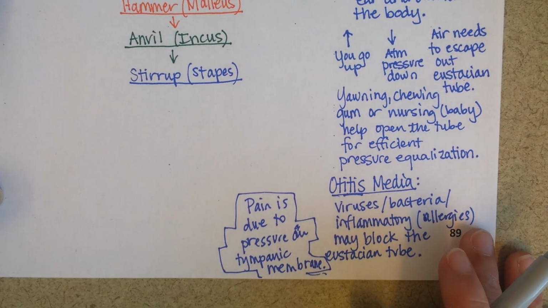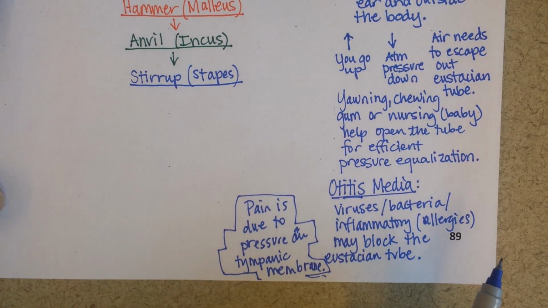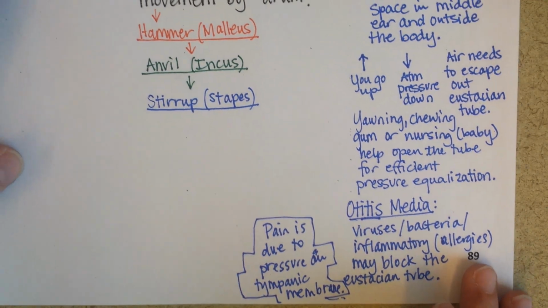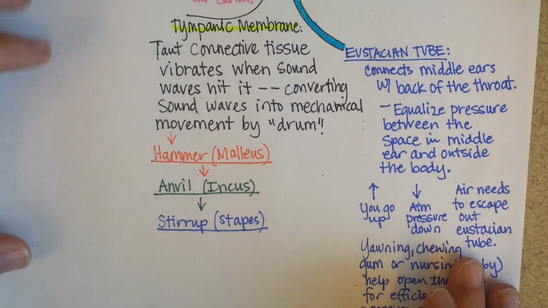Okay, so now let's come kind of full circle and talk about what might be done for someone that has chronic ear infections. They used to do this a lot more than they do now, but they used to put tubes in the ears.